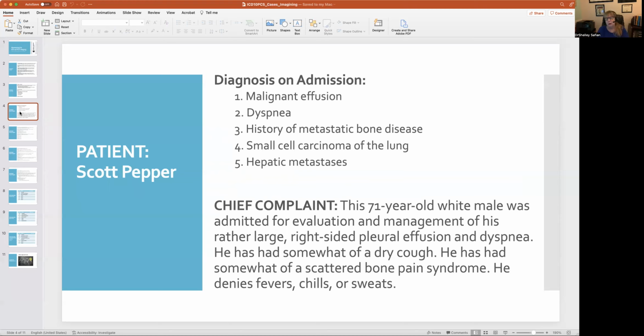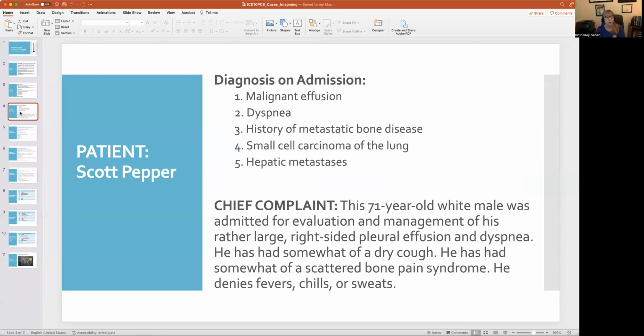Oh. So what does that mean? That tells us he has lung cancer that has now metastasized to his bone and his liver. He has effusion in his lungs that is cancerous, and he's having problems breathing. Yeah, well, that would be normal. Okay.